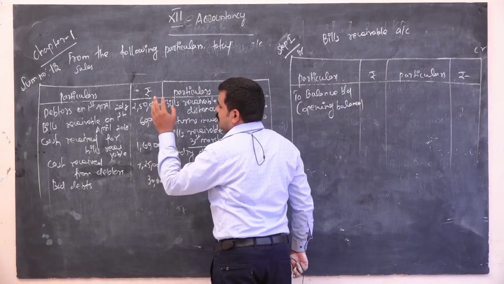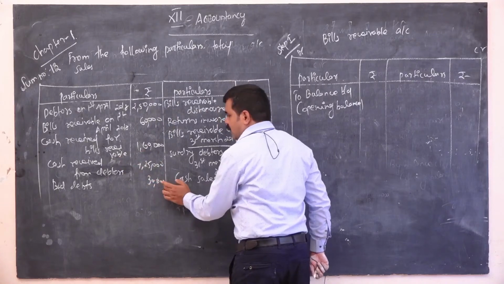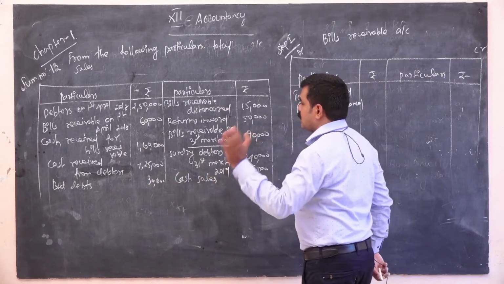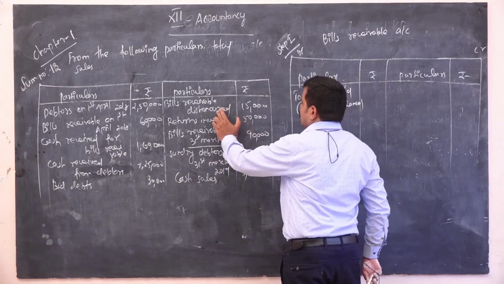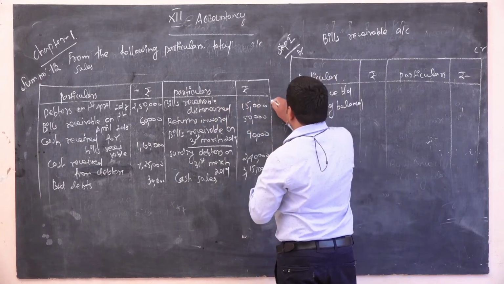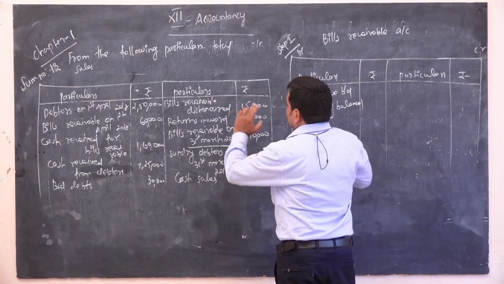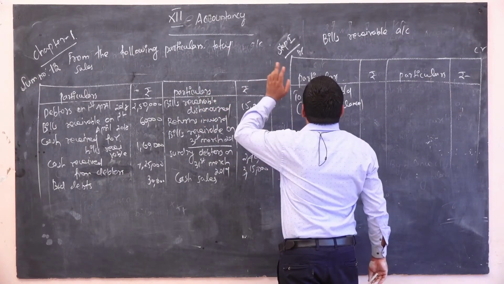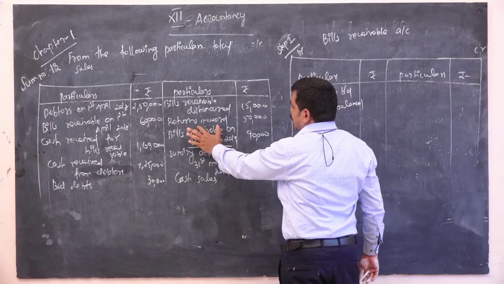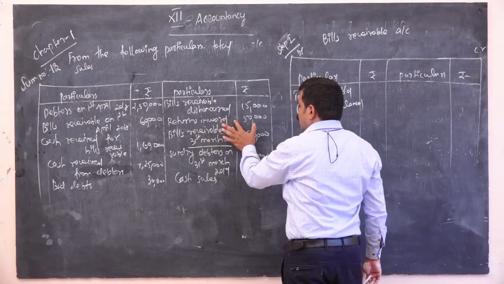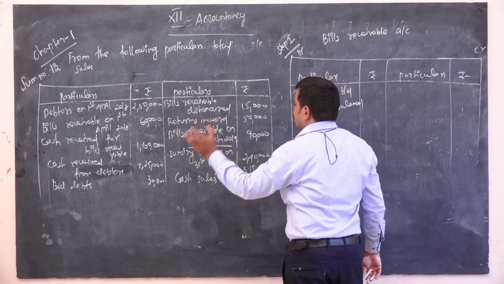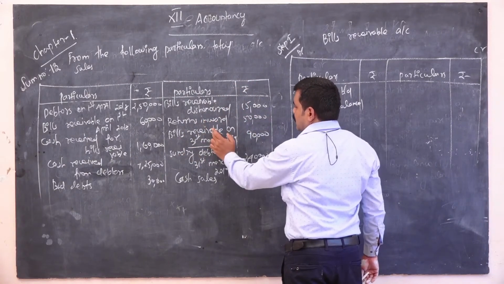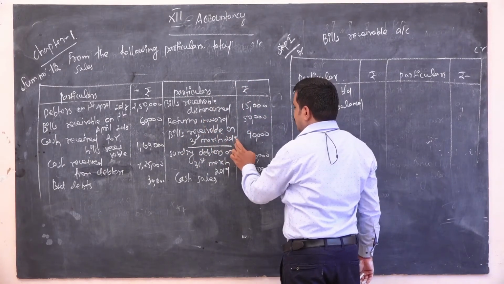This amount comes under bills receivable account. Bad debts comes under total debtors account. Bills receivable dishonor comes under both, the bills receivable account and the total debtors account. Return inward, 50,000, comes under total debtors account.